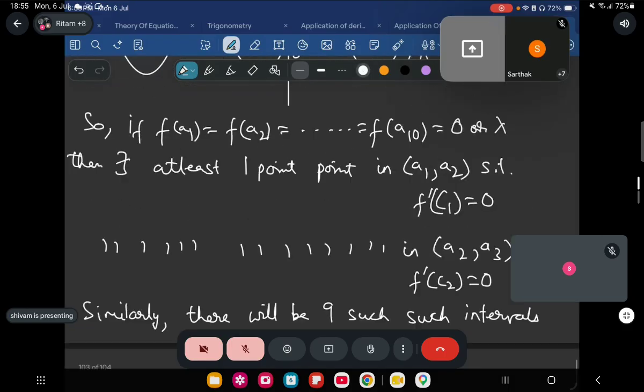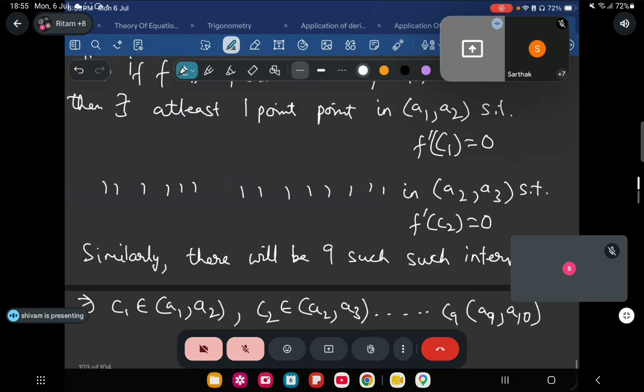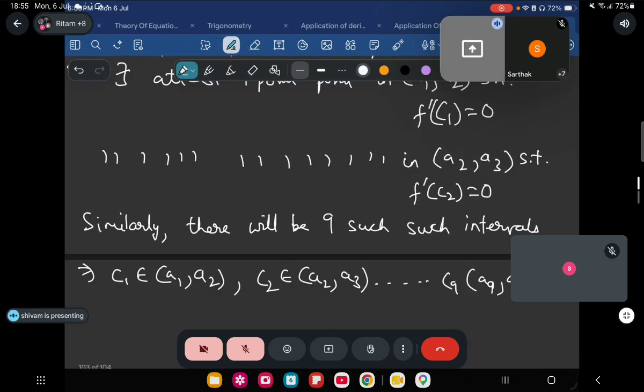Okay. This implies c1 belongs to (a1, a2), c2 belongs to (a2, a3), similarly c9 belongs to (a9, a10), respectively.